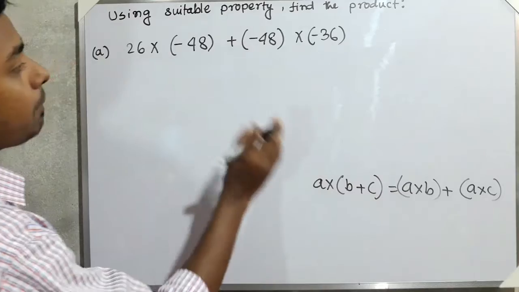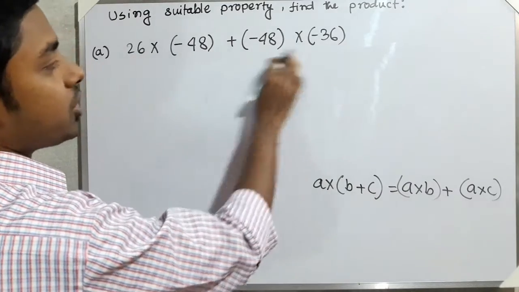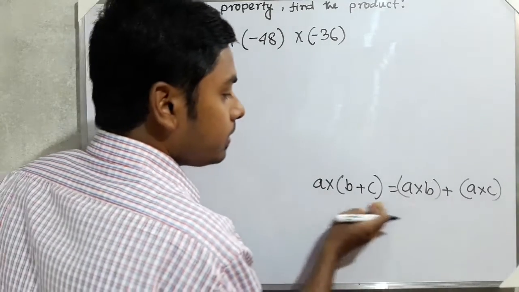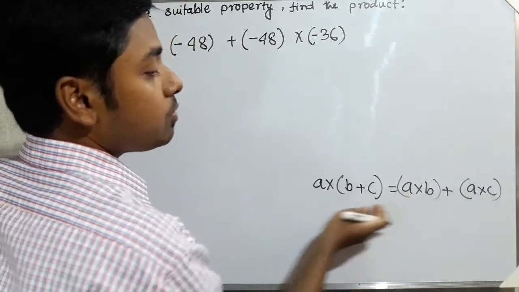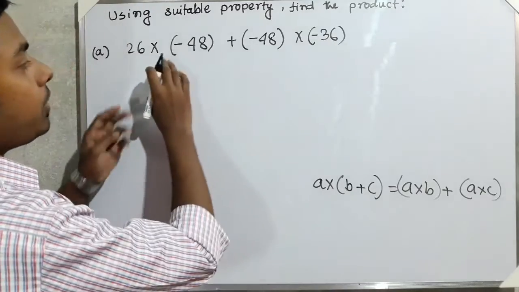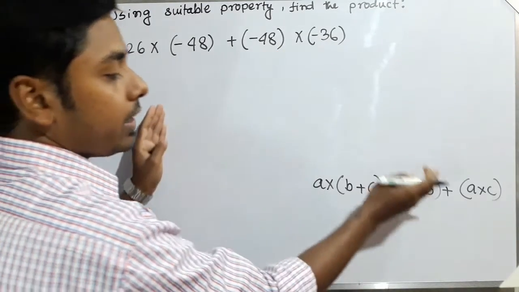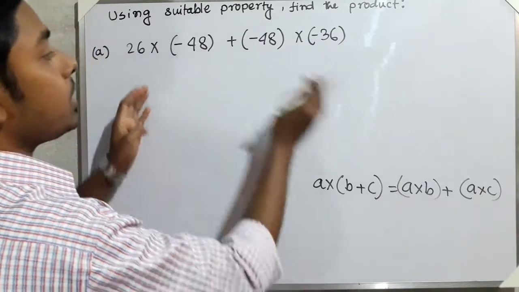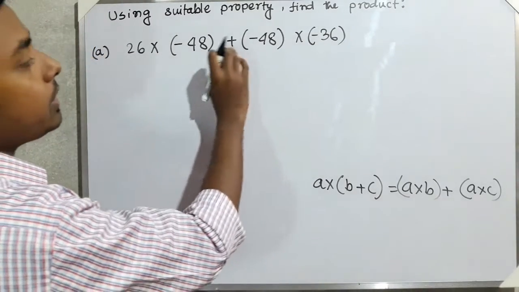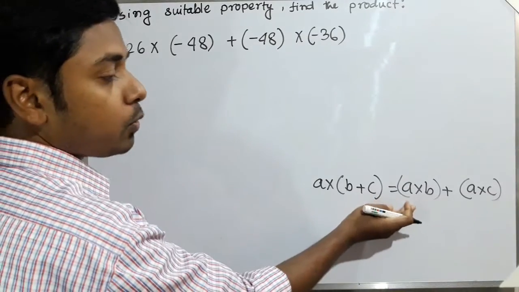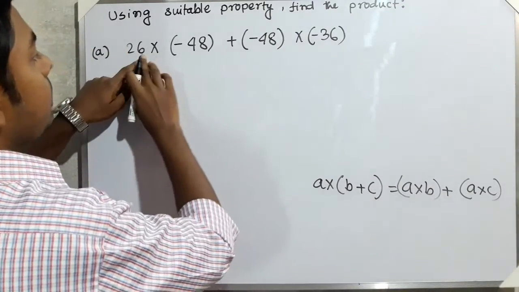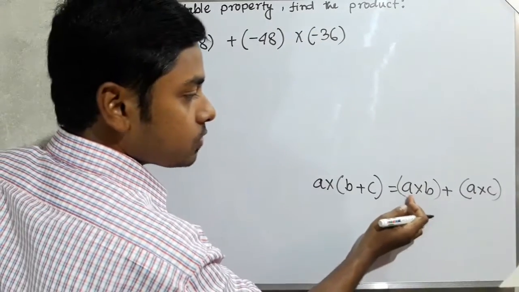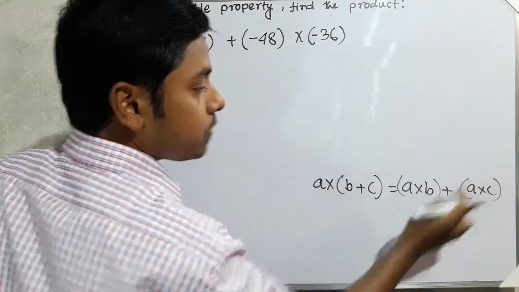Now first of all, you have to check your given expression. You have to compare the given expression with the expression of the distributive property. That means which side of the property you are given, the right hand side or the left hand side. If you compare, you can see this one into this one plus this one into this one.